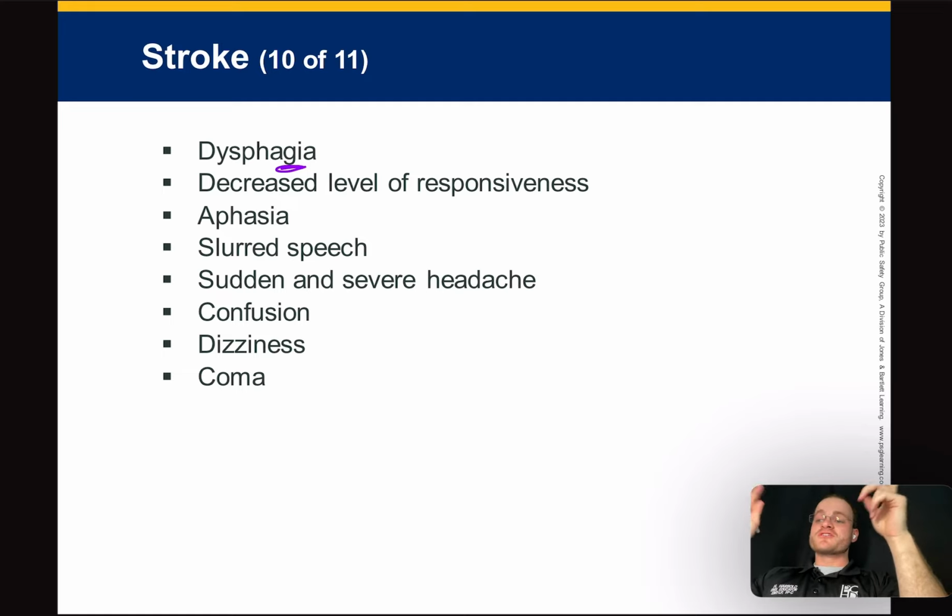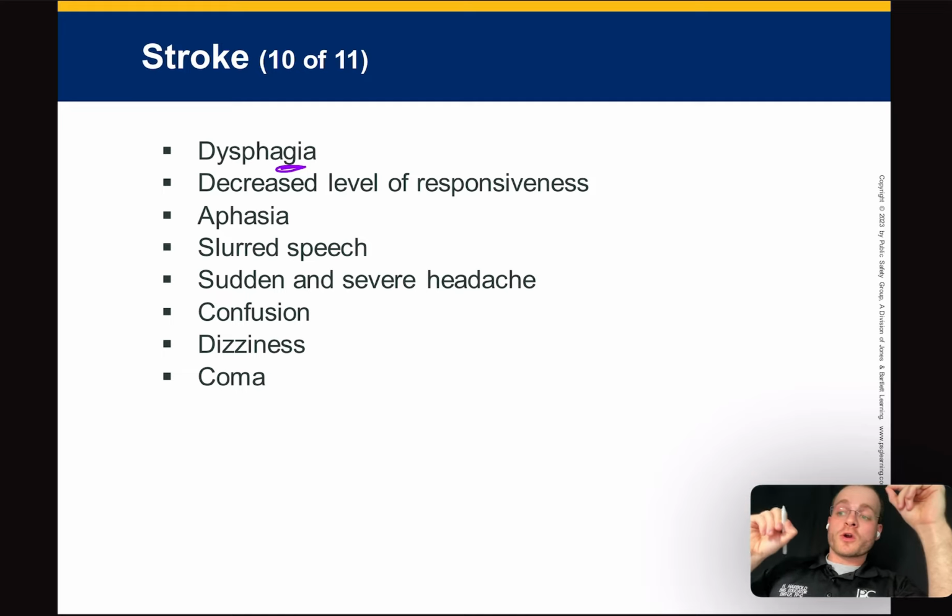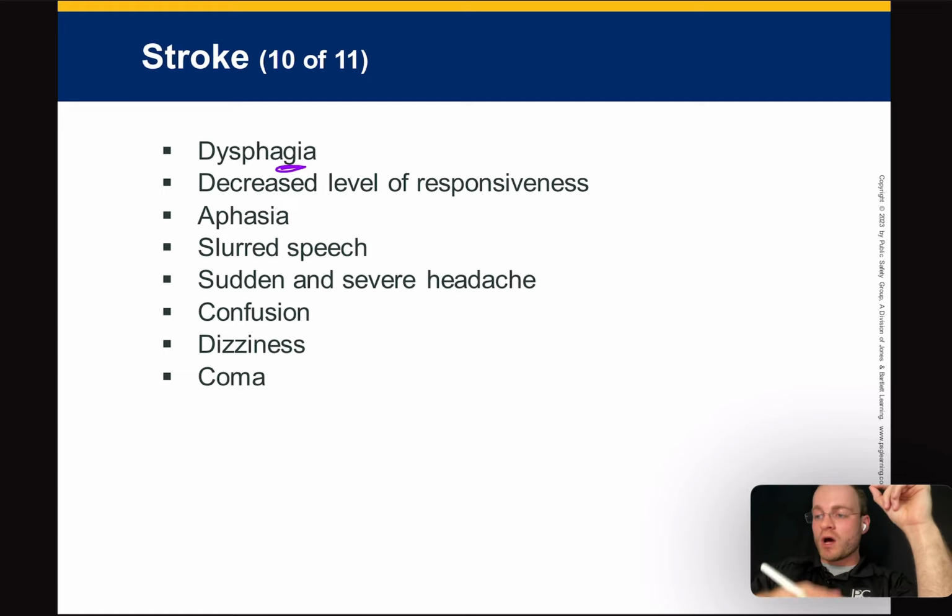And if someone can't swallow, we have to be concerned that they can't swallow their spit, or that if they vomit, they can't protect their airway. So you have to be worried when people have dysphagia that they can't protect their airway. Doesn't always mean they can't, but it's something to at least consider. So dys means to poorly do, right? So they're having a hard time swallowing.